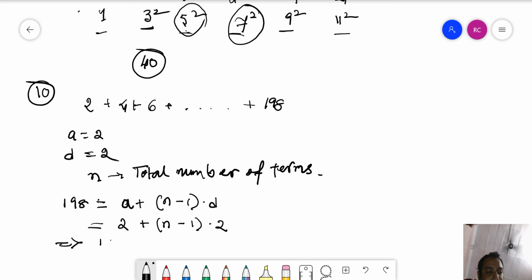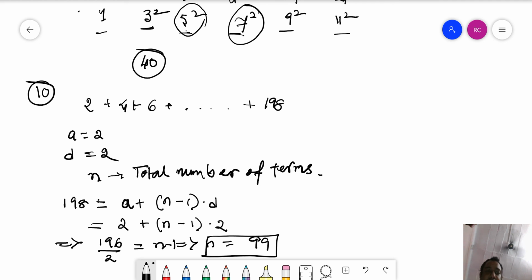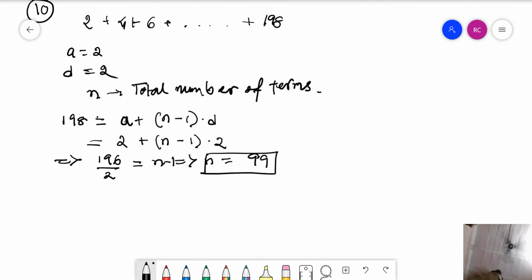This would give us n to be 99. So there are 99 terms in the series.